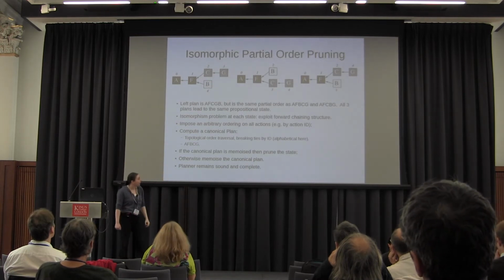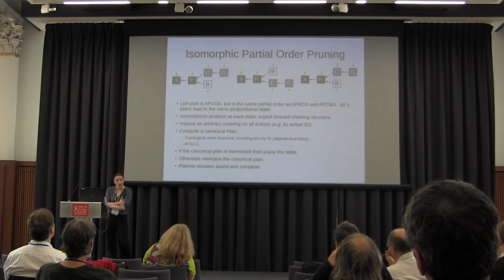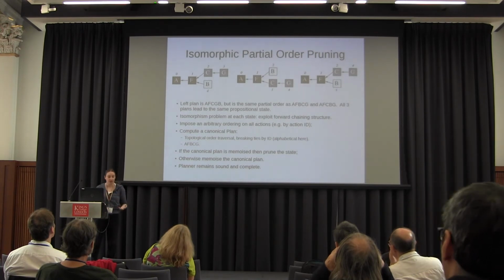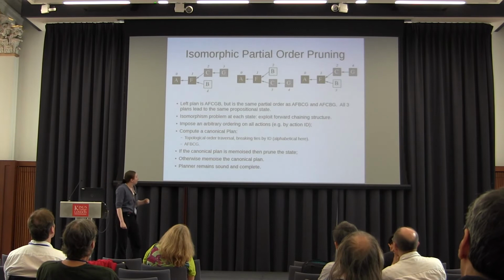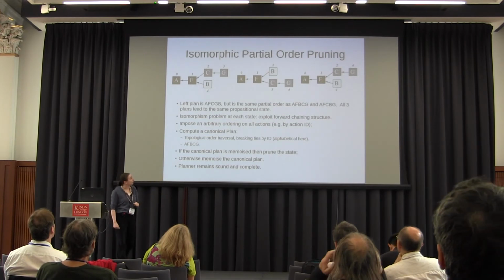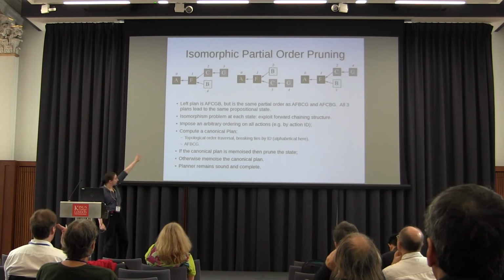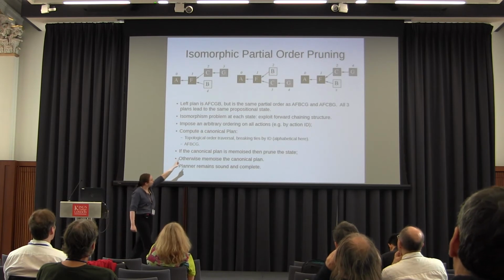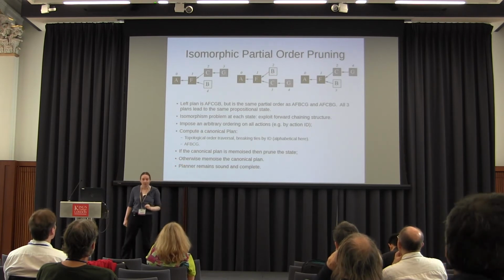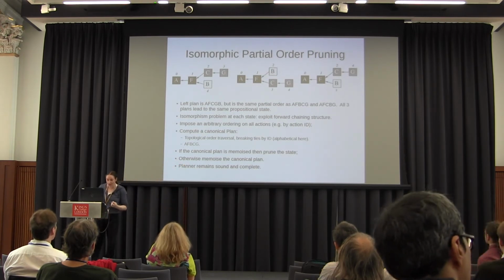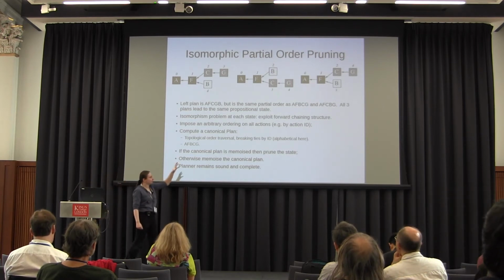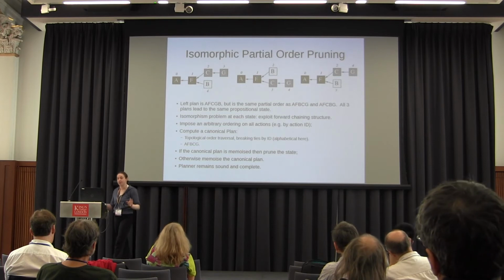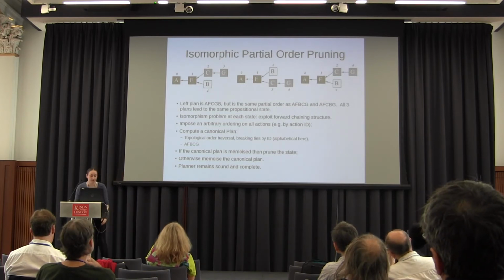And in the general case, if I apply actions in a different order, I will get different ordering constraints in my plan. I have to keep all those different plans. However, in this case, because there are no ordering constraints between B and C, each one of these plans is actually equivalent. And what we wanted to do is work out, okay, well, how can we keep the states we need to, but get rid of these genuinely isomorphic partial orders?